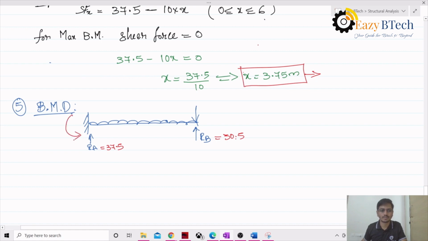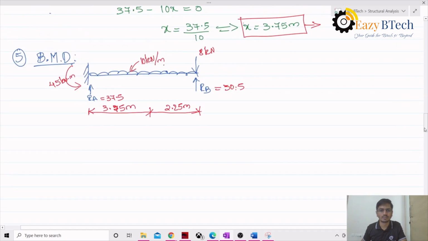We have a moment of 45 kilonewton meter, we have 8 kilonewton as our point load, and 10 kilonewton per meter as the UDL. We have found out that the bending moment will be maximum at 2.25 meter from the left hand side, 3.75 meter from the right hand side.